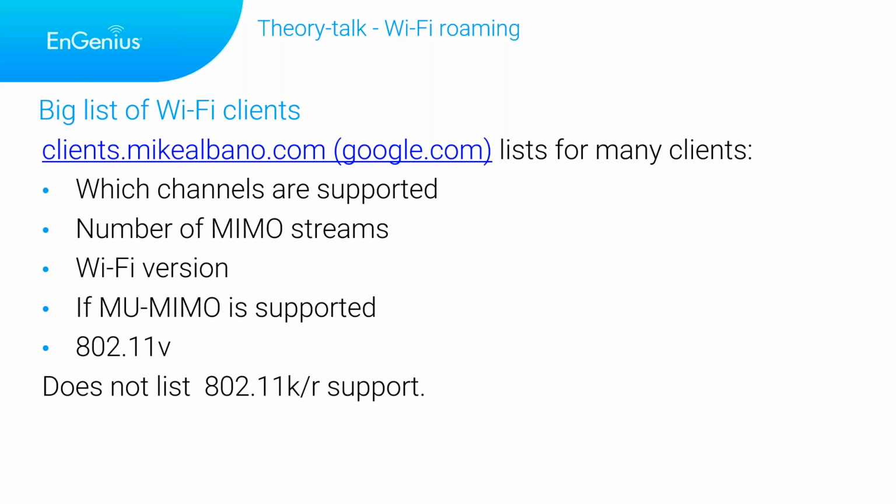It does not say if it supports neighborhood reporting or fast roaming, but you can assume that if it supports 11v, it will also support the other two.